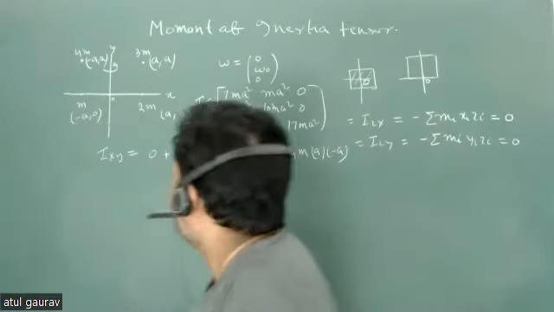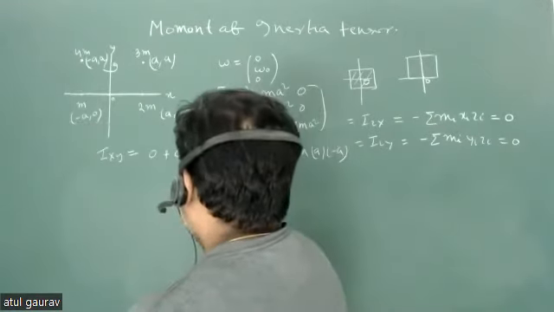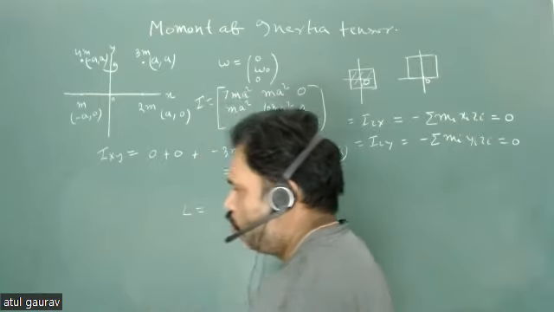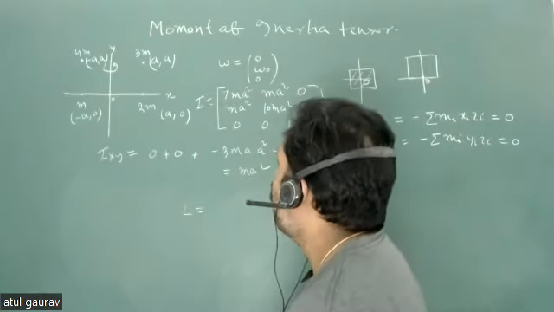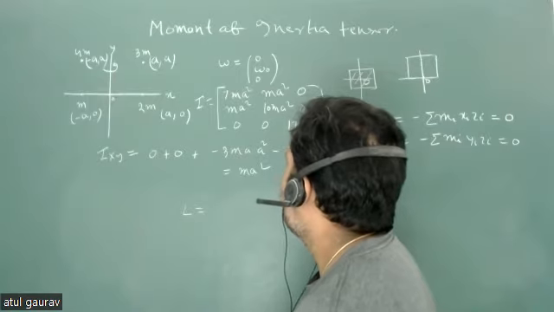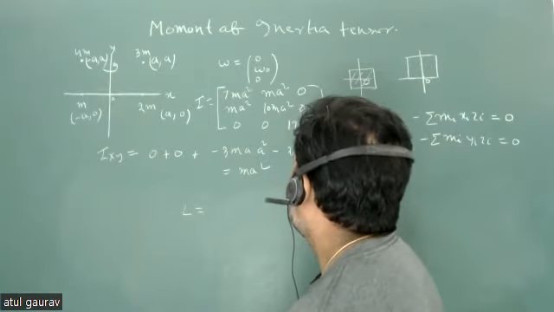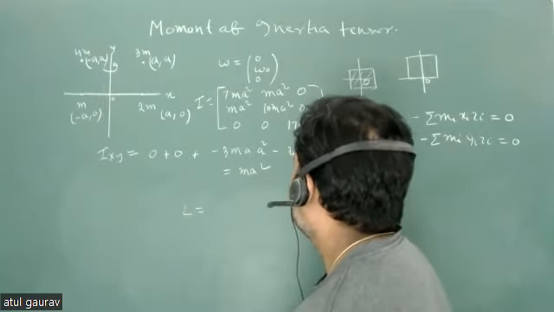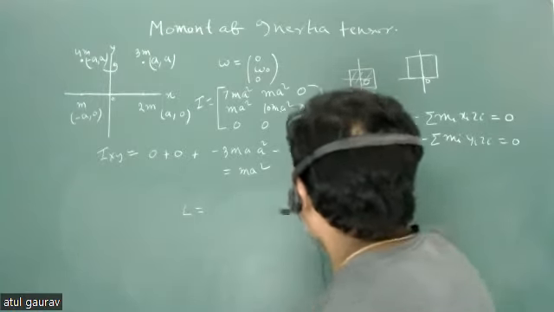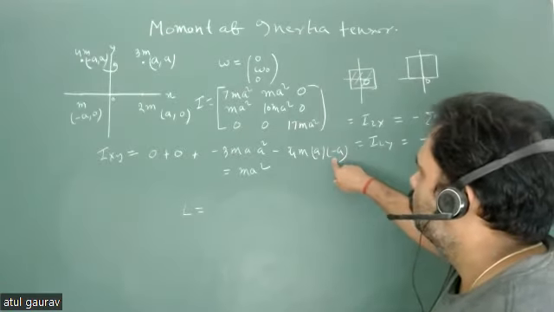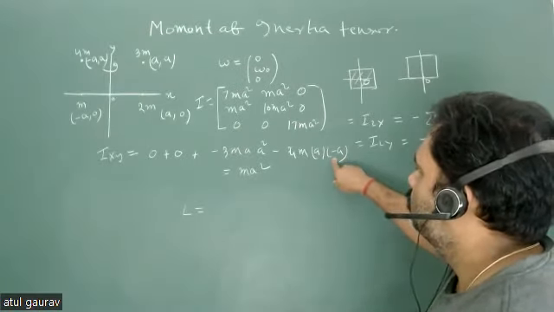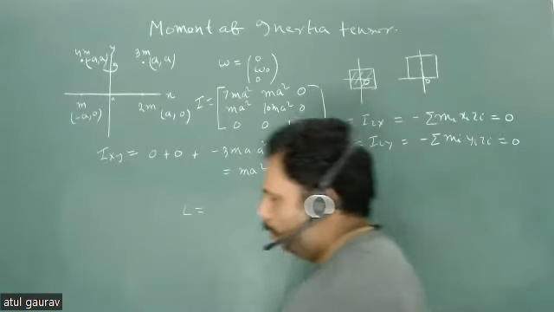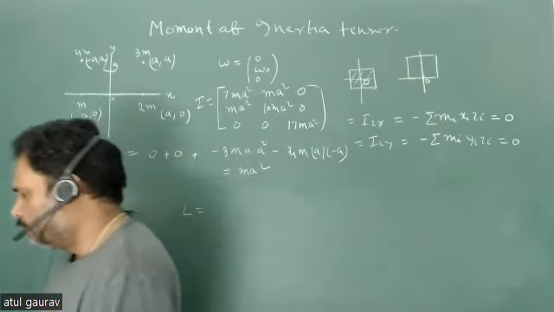Yes, so this Ixy, sir, plus 3ma square minus 4ma square. So this is ma square, so plus 3 minus 4 minus ma square, and here is a 1 minus, here is also. Okay, sir. So this will be minus minus plus. This is plus. Okay. Are you getting it?